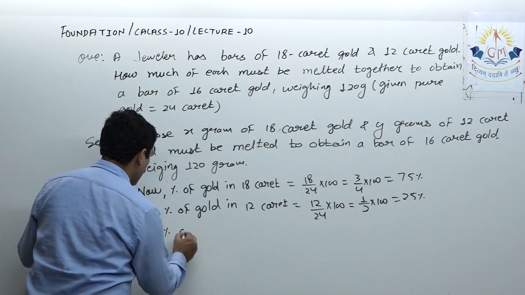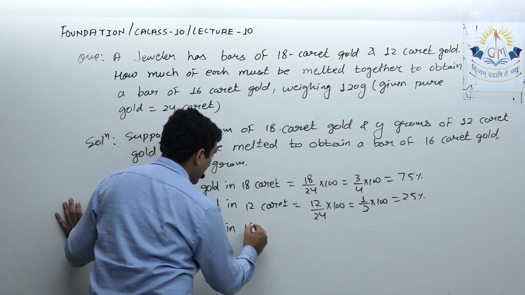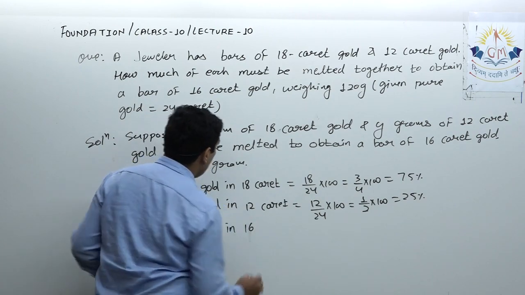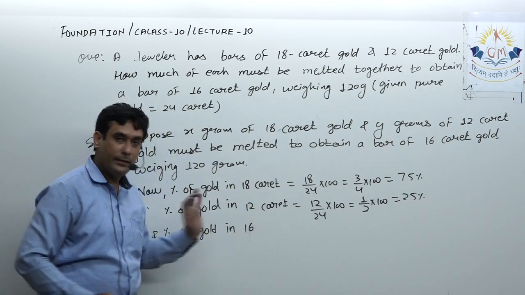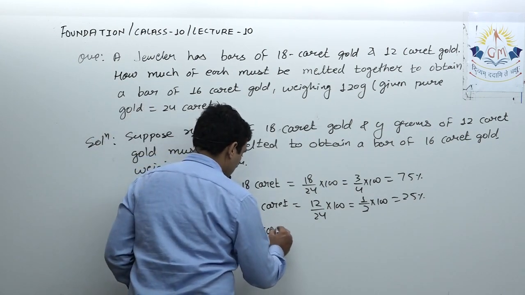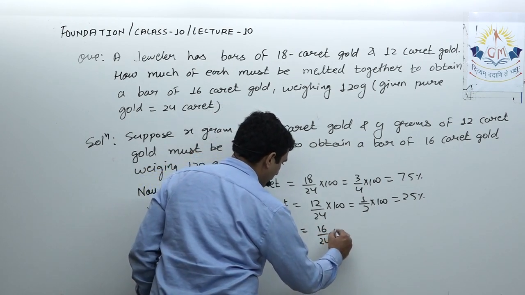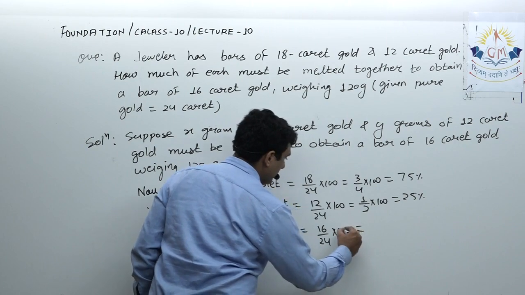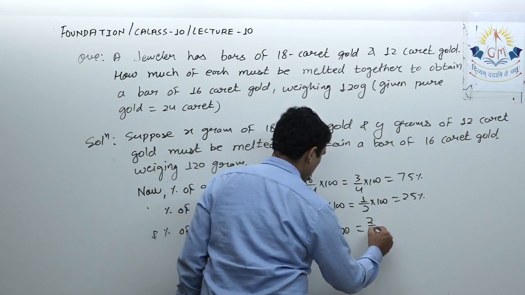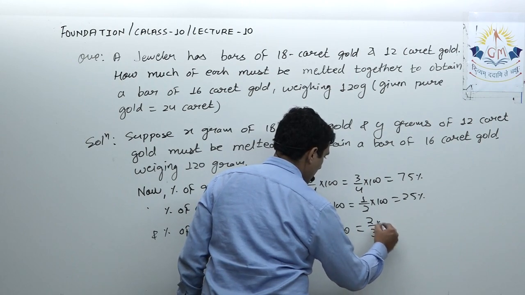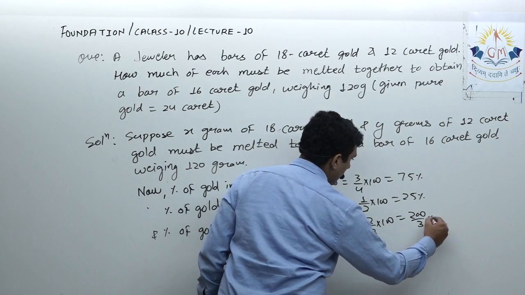And percentage of gold in 16 karat, see, we have to mix this 18 karat and 12 carat to obtain 16 carat, is equal to 16 upon 24 into 100, that is 200 upon 3%.